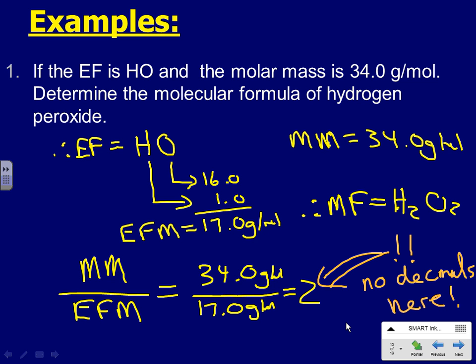We doubled it. 0.33, we tripled it. When you do this extra step on the end, you cannot have a 0.5 or a 0.33. It must be a whole number, because it's going to tell us how many of these individual units my molecule contains, and it can't have a half of a unit.